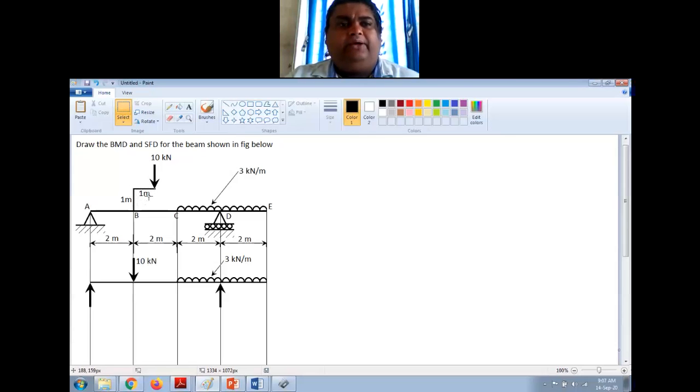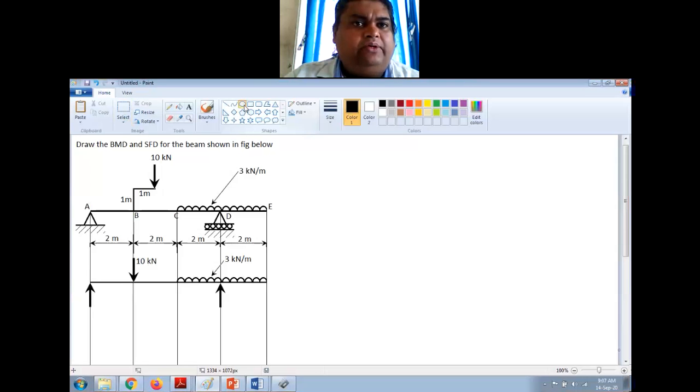So the magnitude of the couple is 10 into 1, that is 10 kilonewton meter. The force is acting downward, so about point B this will make a clockwise couple. So I will show a clockwise couple here.